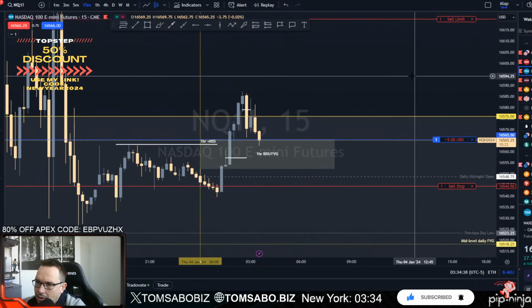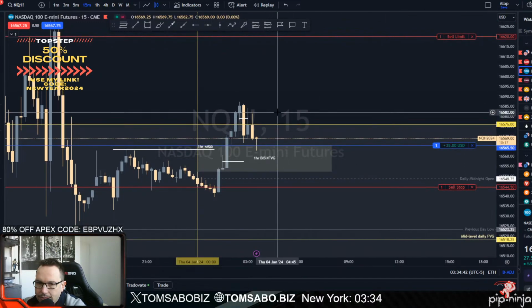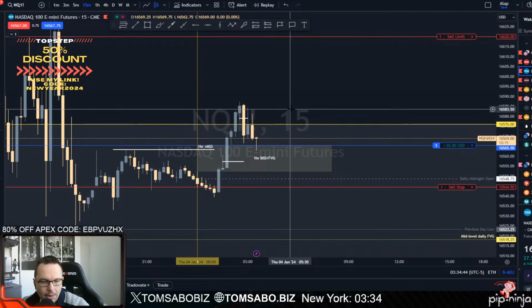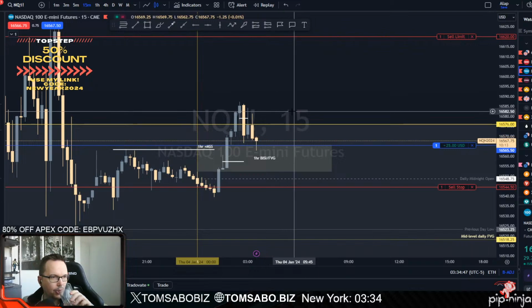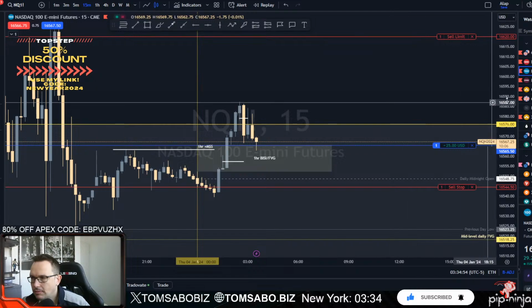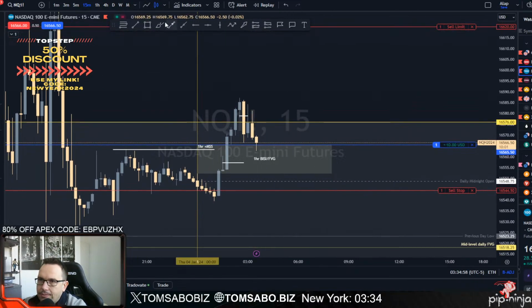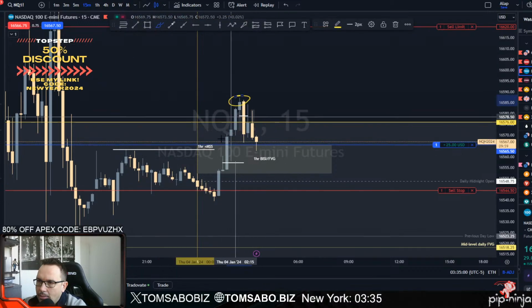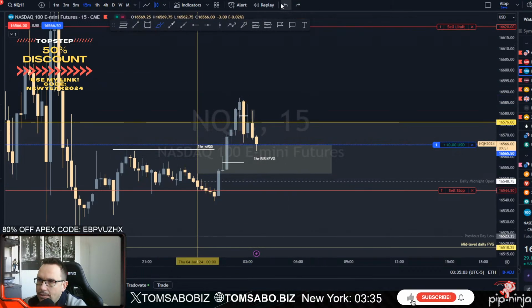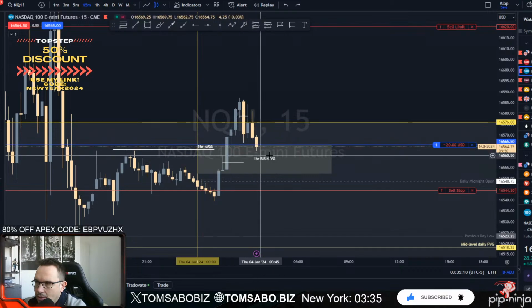I might move my stop if this would break higher. If we would break above here, I would move my stop, maybe not to break even, but somewhere around this swing.